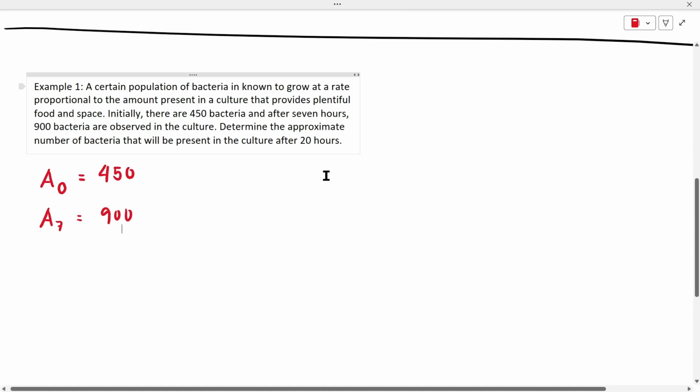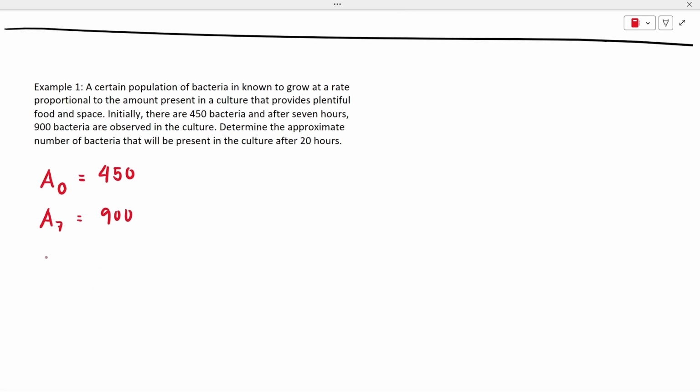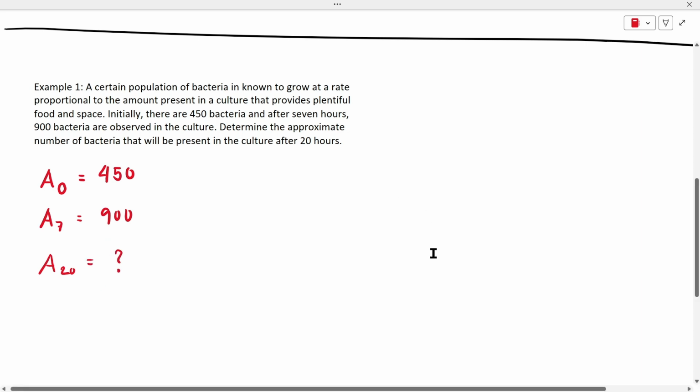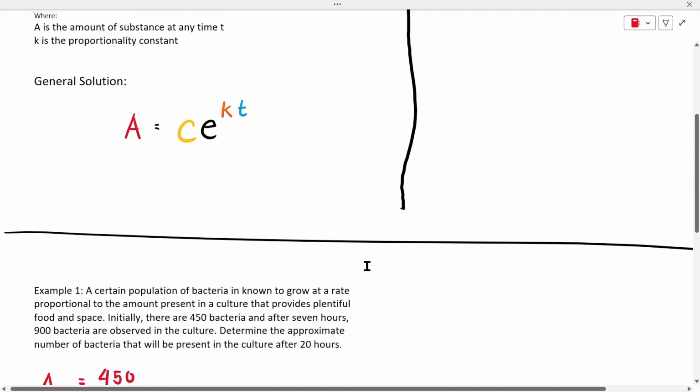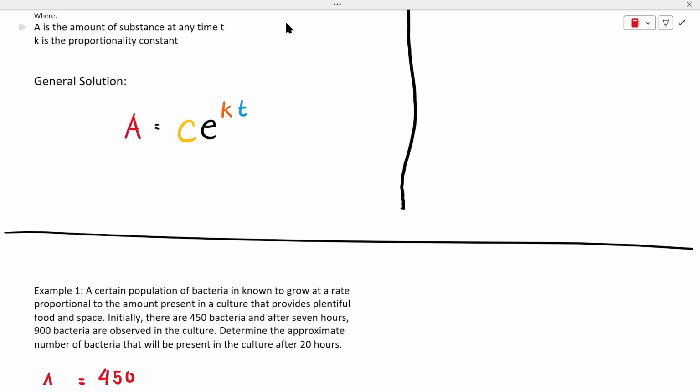Now, we need to find the number of bacteria after 20 hours. That will be A sub 20. In order to get the answer, we'll be using this general solution. Let's copy this general solution.